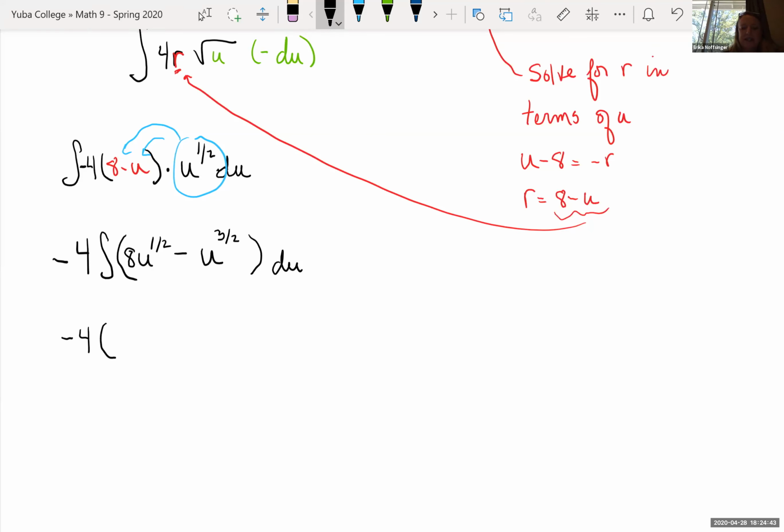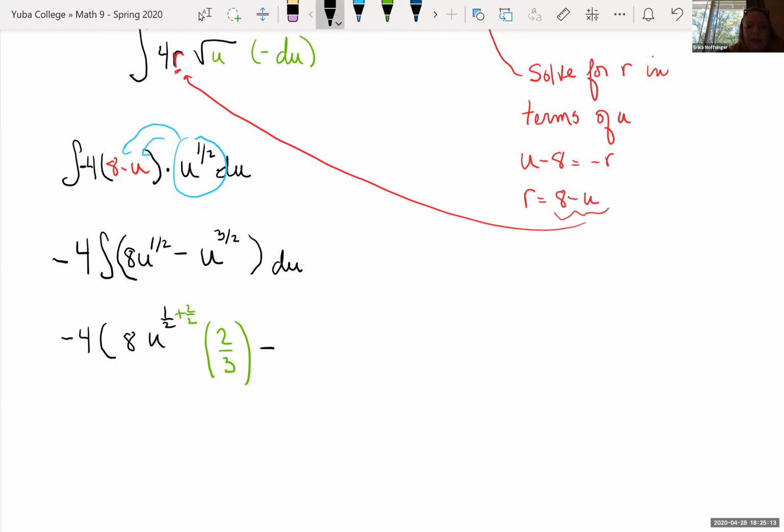And so now if we take the antiderivative of 8u to the 1/2, we're going to add 1 to it when we take the antiderivative, all divided by 3/2. So I don't know if you've noticed, but when we're dividing by a fraction, we're multiplying by the reciprocal. So if I'm dividing by 3/2, I multiply by 2/3.